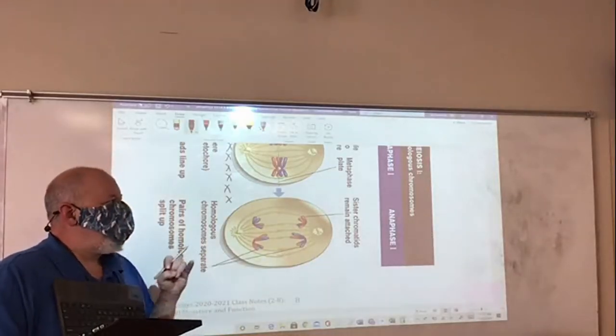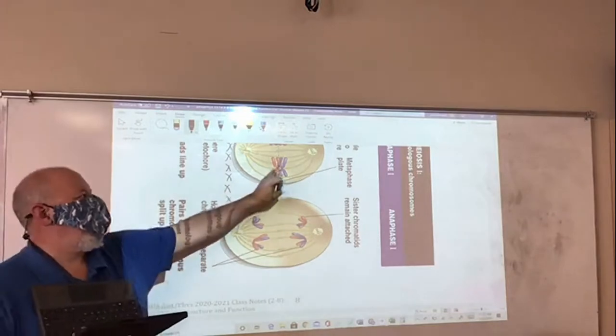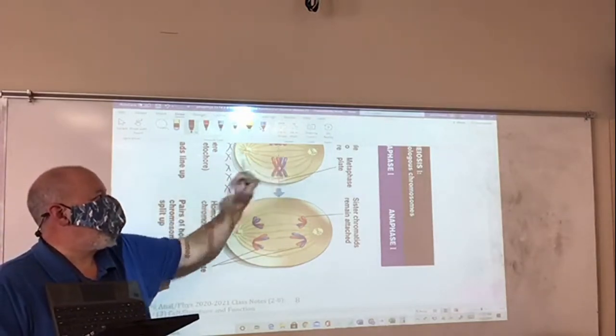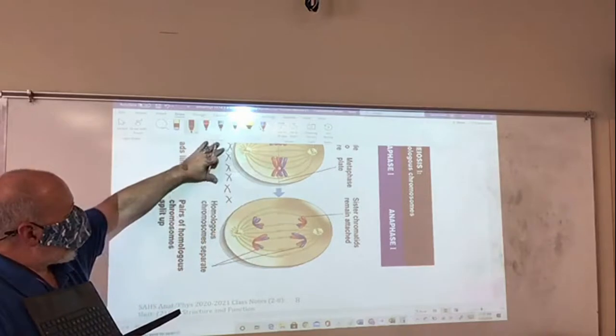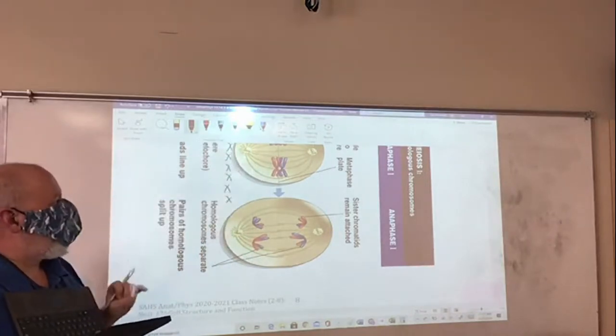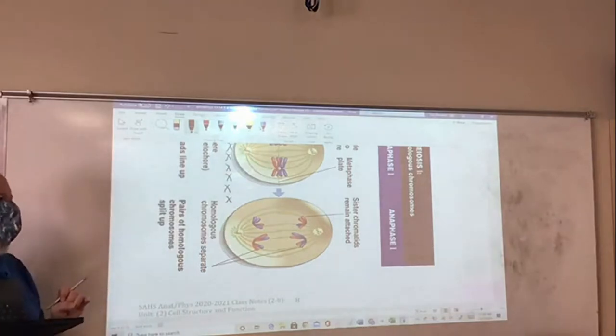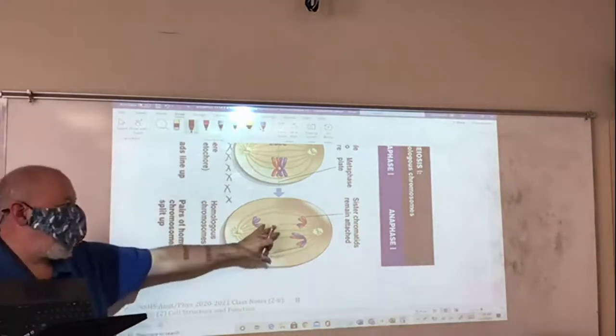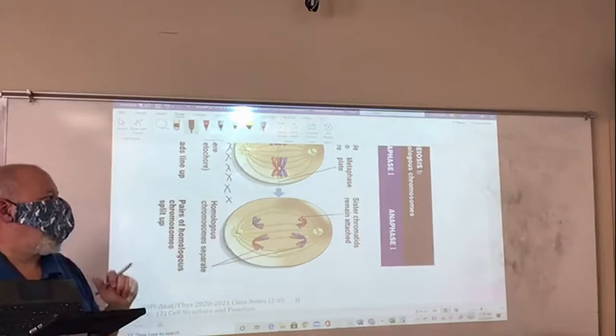In metaphase 1, I have lining up of homologous pairs in meiosis. In metaphase of mitosis, I just have lining up of the individual duplicated chromosomes. In anaphase 1, I separate the homologous pairs.